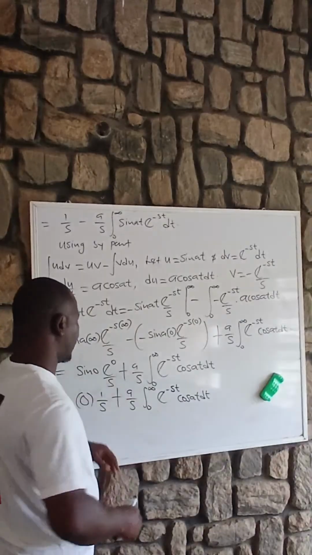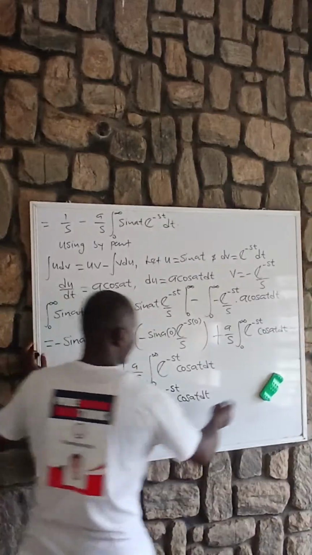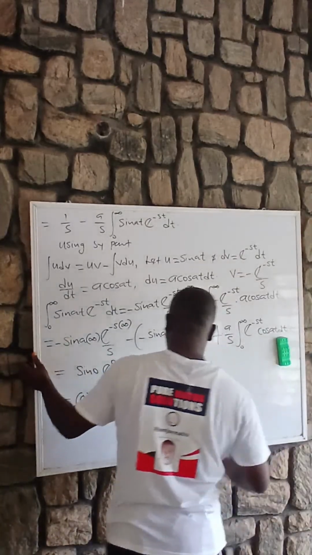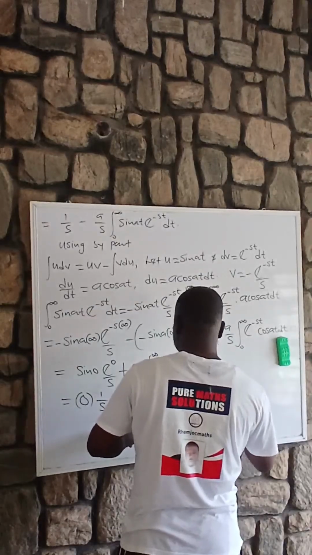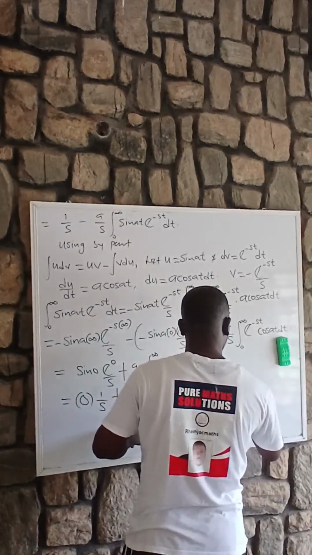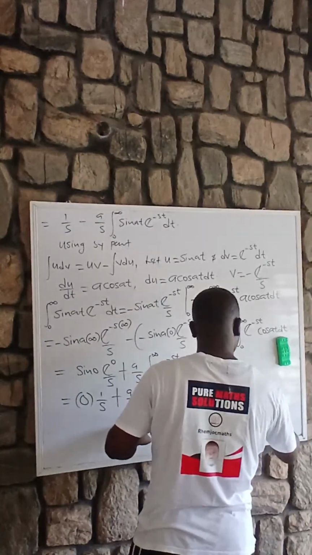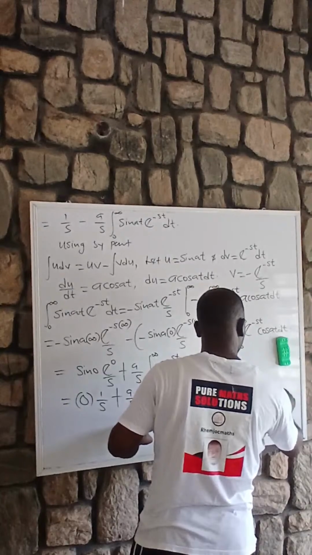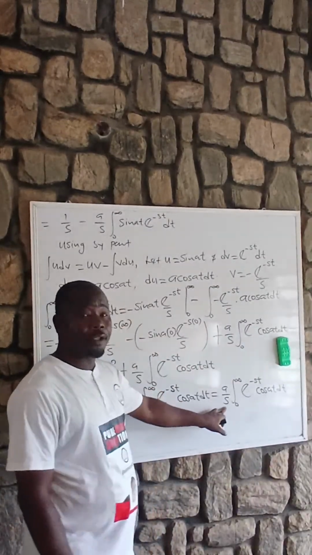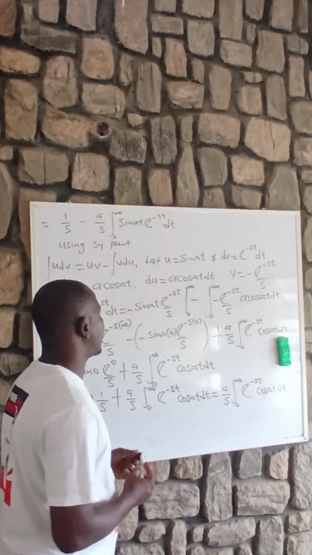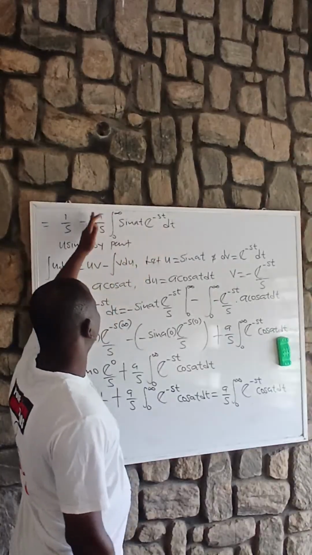So this is what we are left with. Here now will be equal to a all over s integral 0 to infinity exponential minus st cos at dt. But I told us that after this, we hold this one constant.